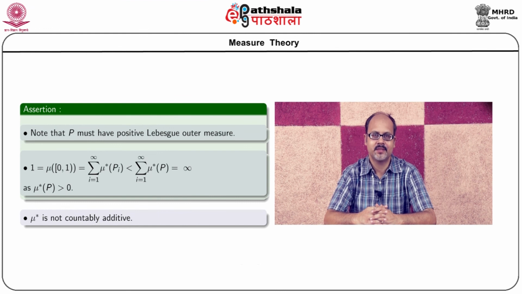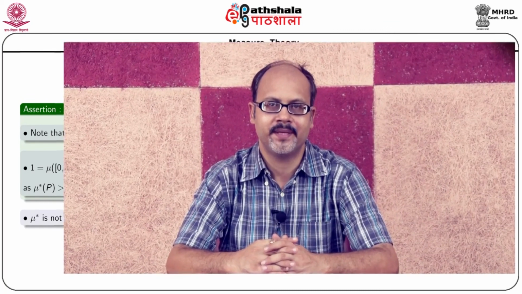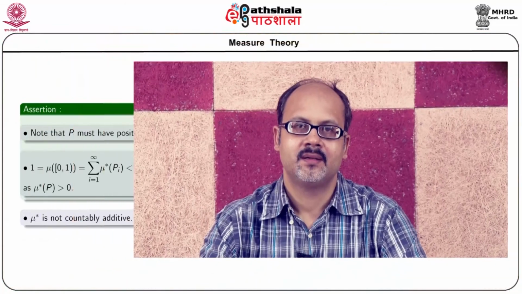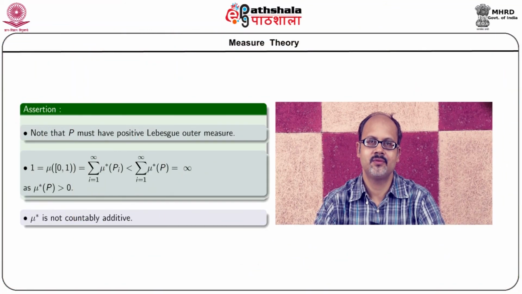Now, if we consider the fact that [0,1) equals union i equal to 1 to infinity Pi, then we have 1 equal to measure of [0,1), which is strictly less than sigma i equal to 1 to infinity mu star of Pi, which is equal to sigma i equal to 1 to infinity mu star P, which is actually equal to plus infinity.